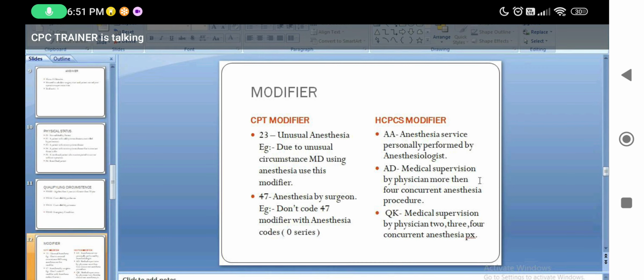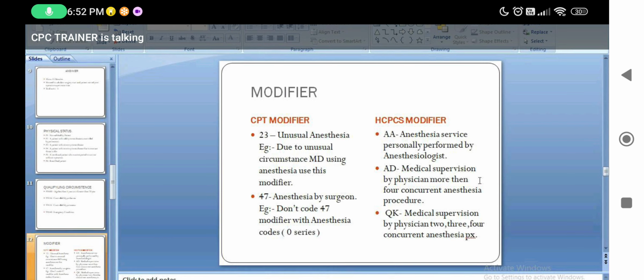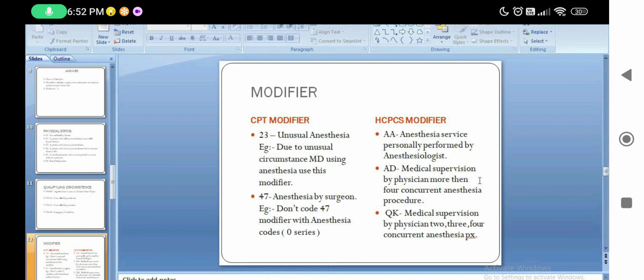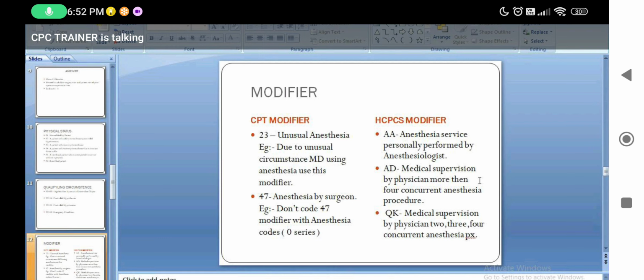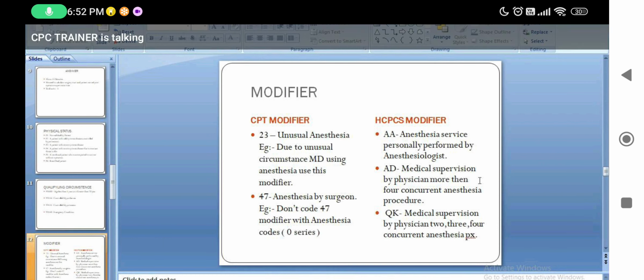And in the QK modifier, please underline 2, 3, 4 concurrent anesthesia procedures, because these two modifiers have the same concept.